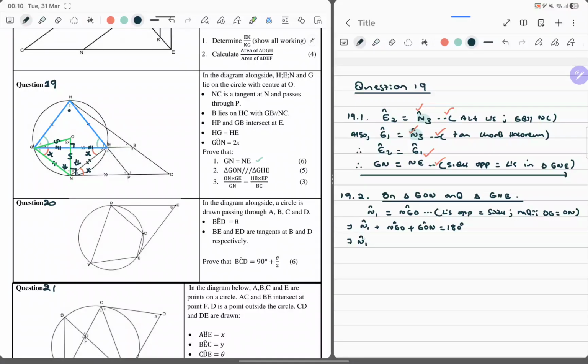So this implies that N1 plus this NGO is essentially the same. You can just write N1 plus 2x equals 180 degrees. I'm going to jump for the jugular, guys. N1 is going to be 180 minus 2x divided by 2, which is going to give me 90 degrees minus x.